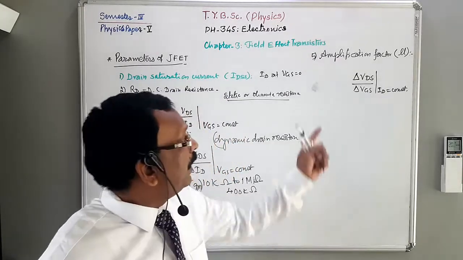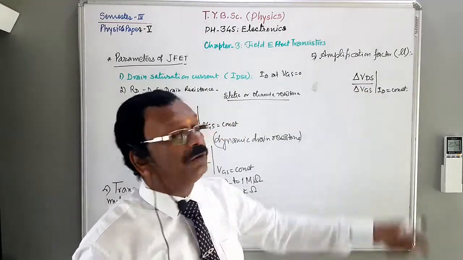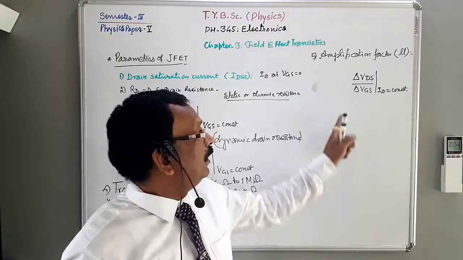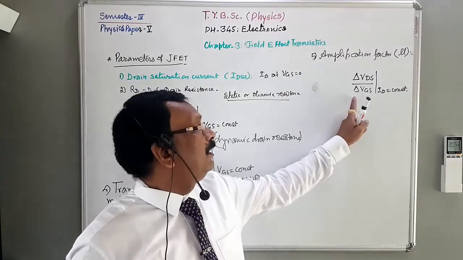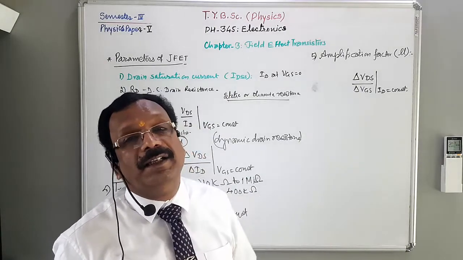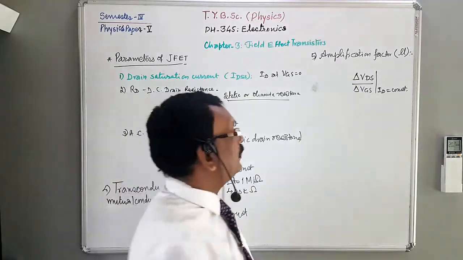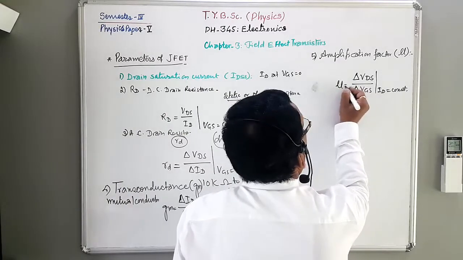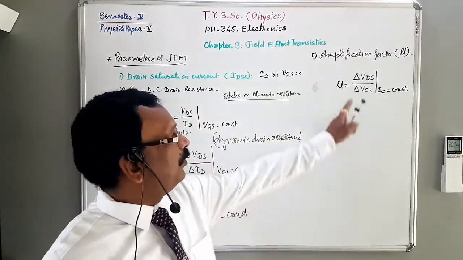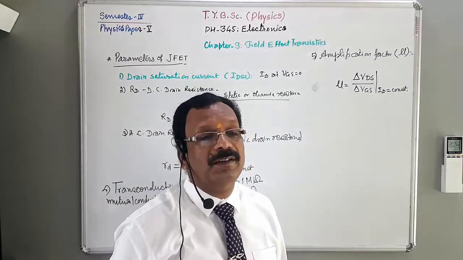Okay. So, amplification factor is defined as the ratio of small change in drain to source voltage to the corresponding change in gate to source voltage at constant ID, that is constant drain current. Mathematically it is expressed as mu is equal to delta VDS upon delta VGS at ID equal to constant.